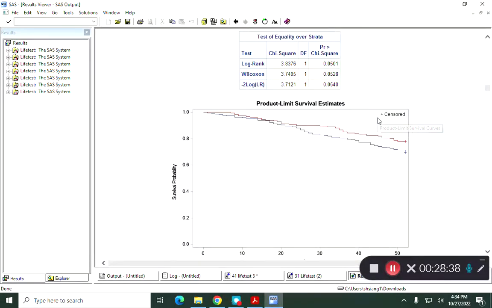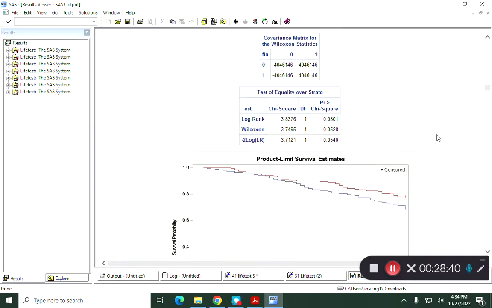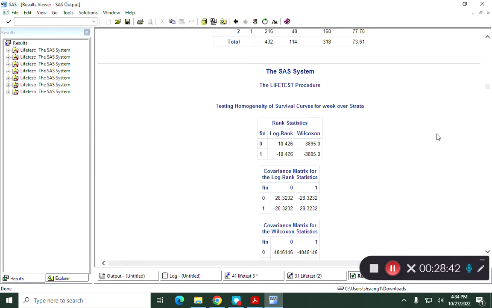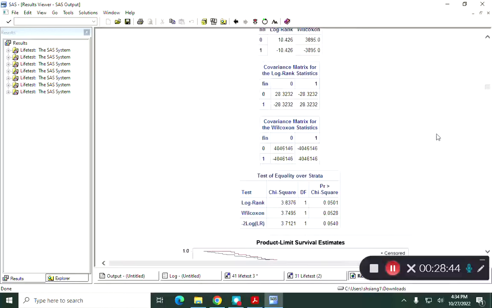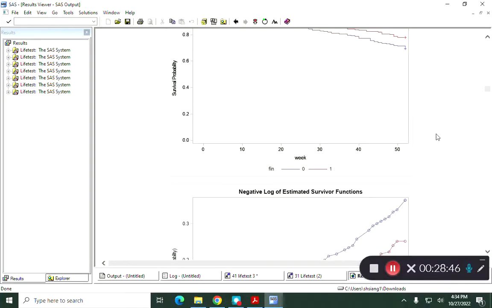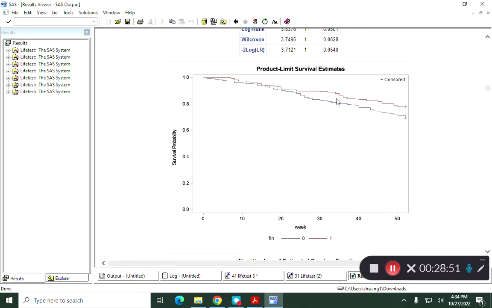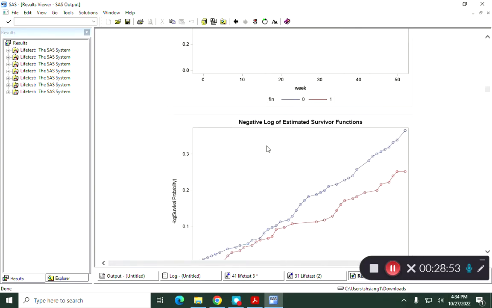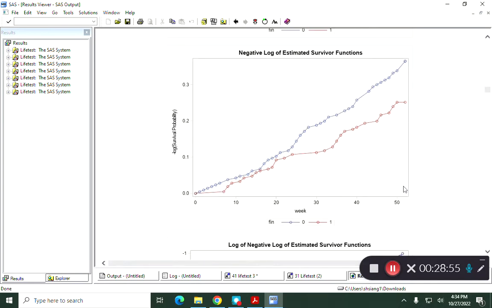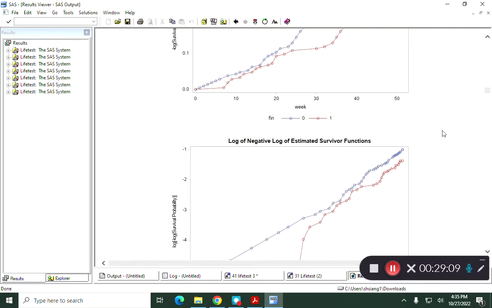Okay, this is a product-limit survival plot for which variable? Finance, and can you tell they're a little different? Here, if you look at the log finance, they're split, but not heavily split. Agree? Next, let's look at the next one.